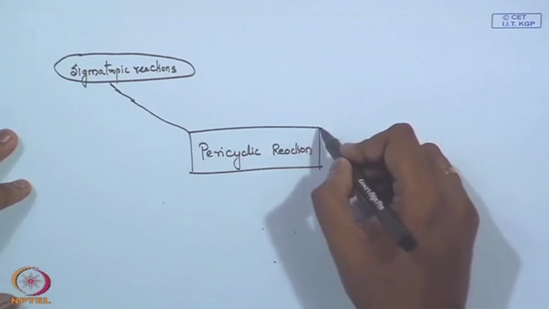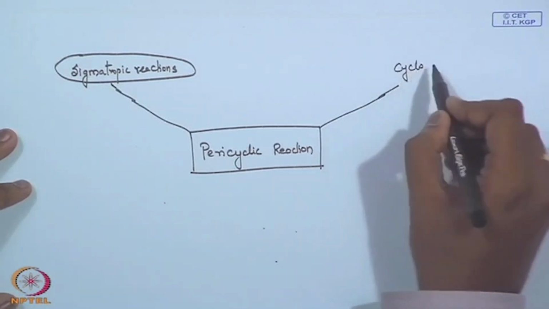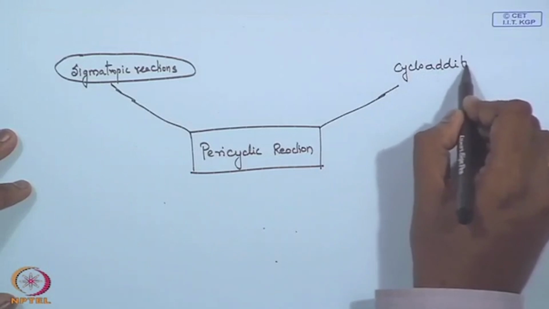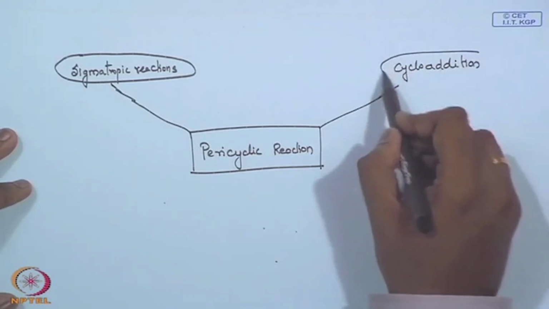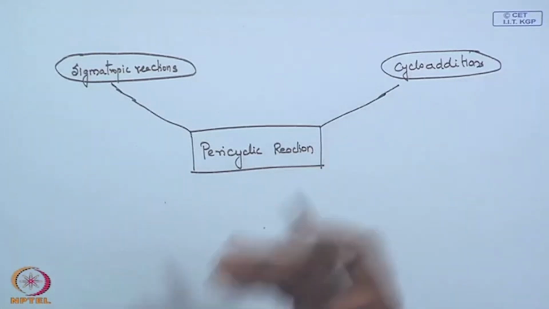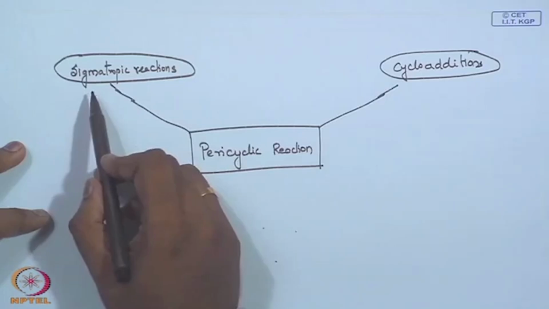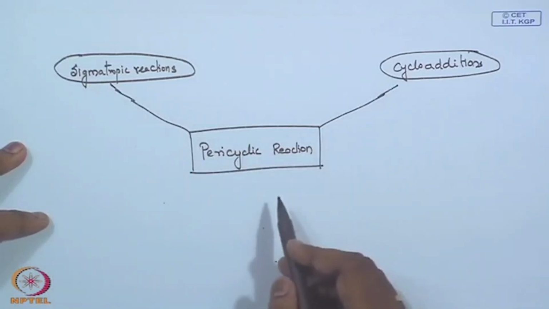After finishing sigmatropic reactions, we studied another important type of pericyclic reaction, cycloaddition. We did a lot of cycloaddition reactions, concentrating more on Diels-Alder reactions. We studied 2 plus 2 and 4 plus 2 cycloadditions, even 4 plus 4, and dealt with their stereochemistry.